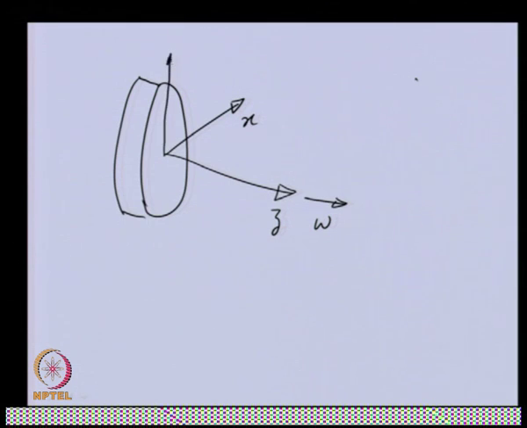This particular disc is having this axis about which it is spinning in the positive axis direction, that is z axis. There are two other axes of this particular disc, x and y.